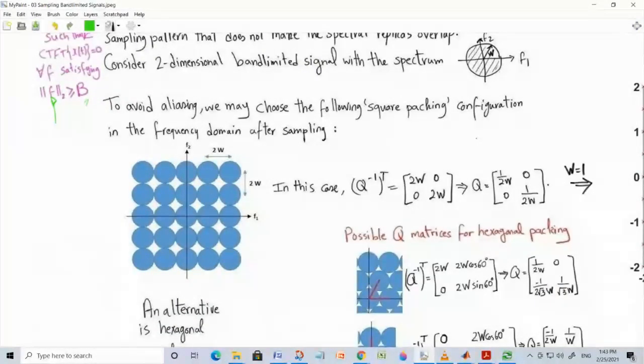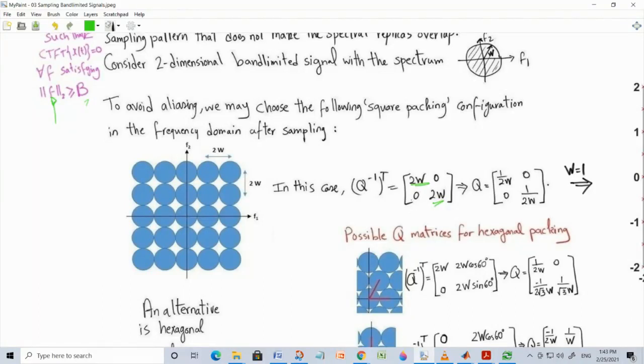So if you have a signal that looks like this and you want to avoid aliasing, one way of doing things is to have my Q inverse transpose matrix be diagonal, and the main diagonal elements are 2W.